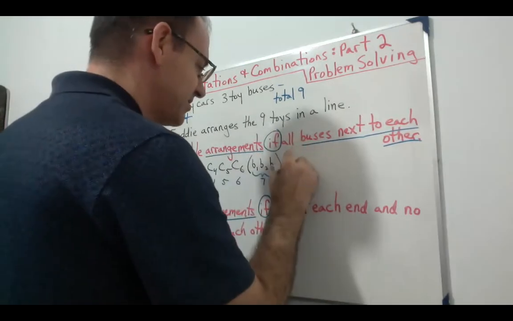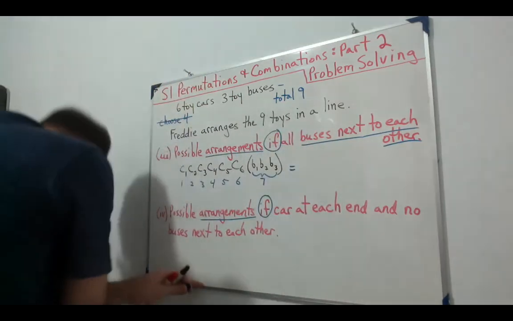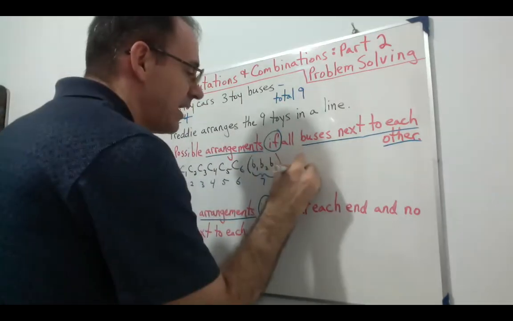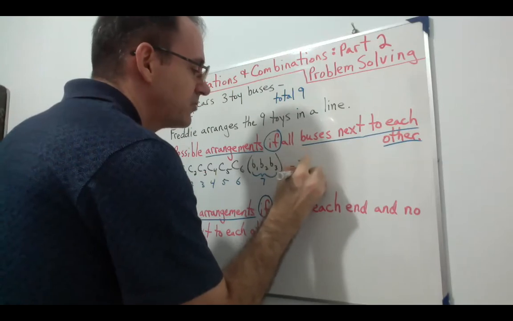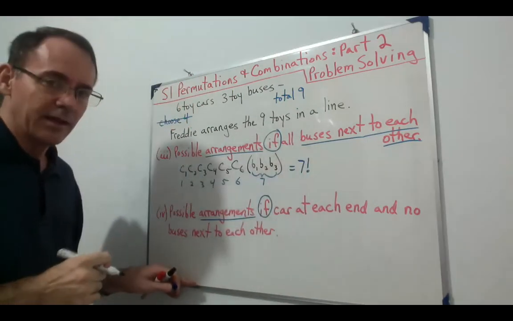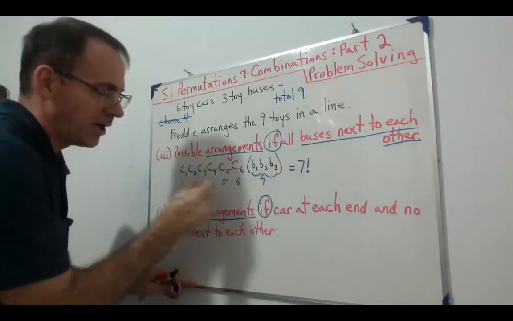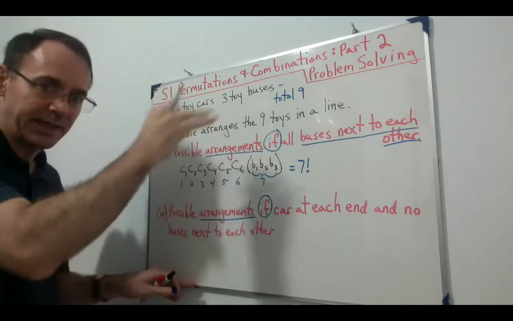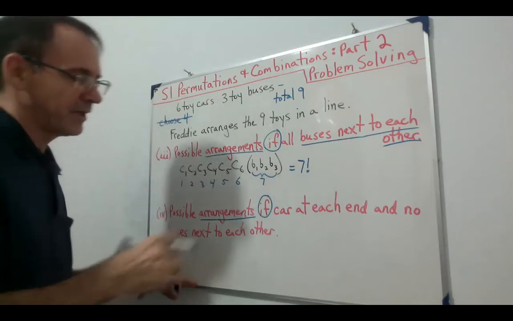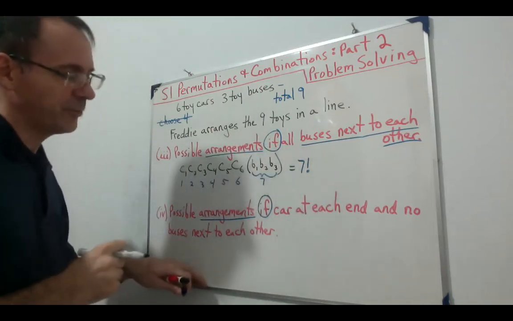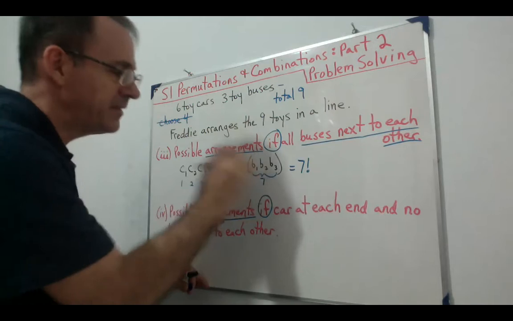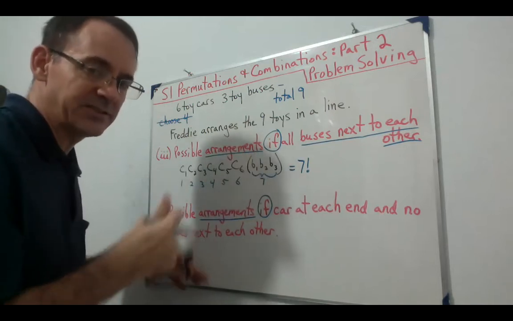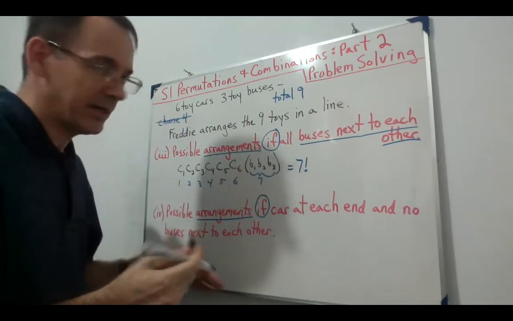So that is 7 factorial ways of arranging the cars with the buses group. Now, within the group, there are 3 buses that also can be arranged.